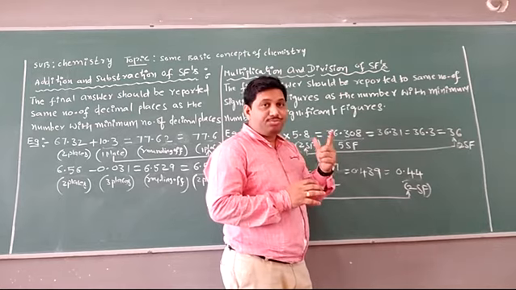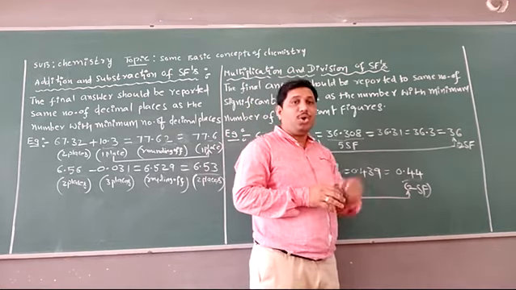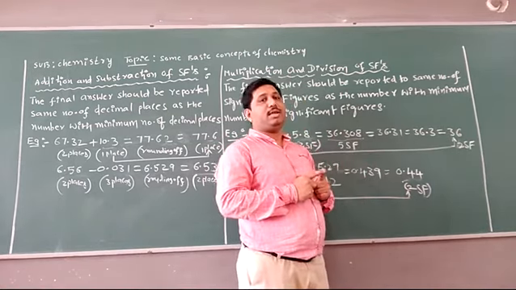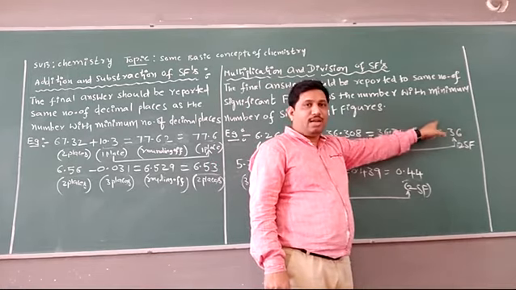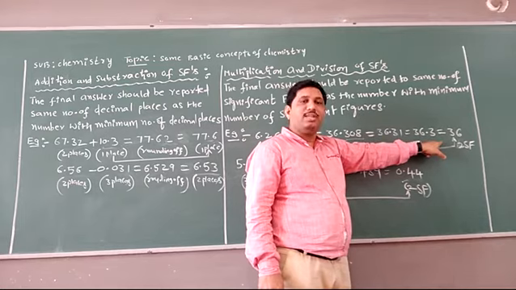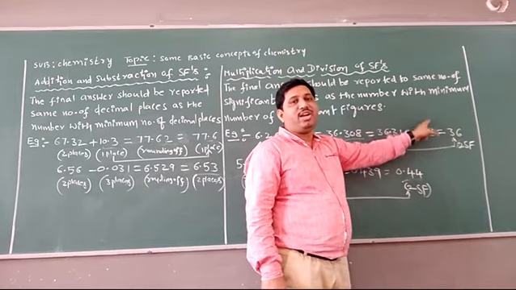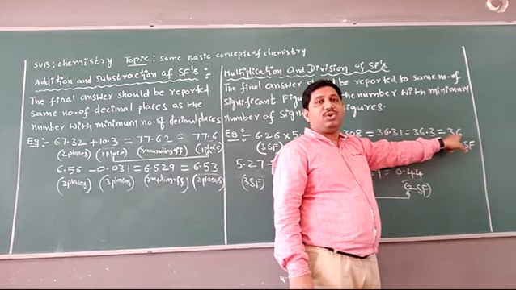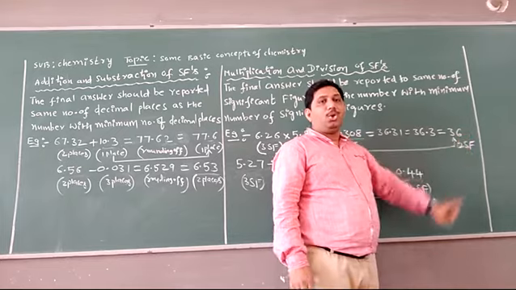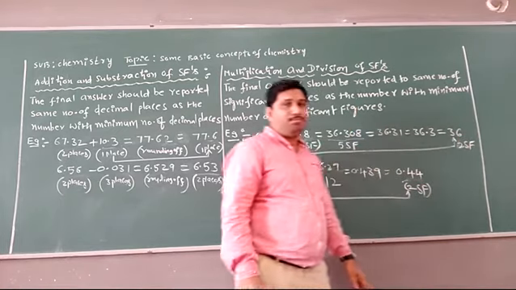Next, students, again 36.3 has 3 significant figures. But the final answer is reported to only 2 significant figures. Therefore, students, the last digit 3 is dropped since it is less than 5, such that the preceding number does not undergo any change. Hence 36, 2 non-zero digits, all the non-zero digits are significant figures. Hence it has 2 significant figures.